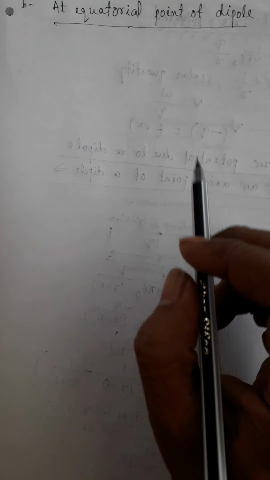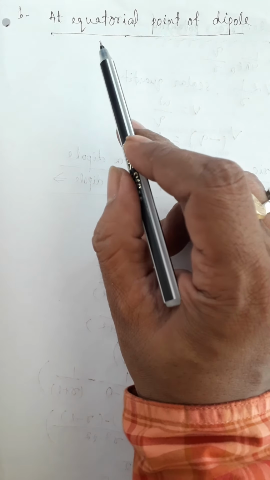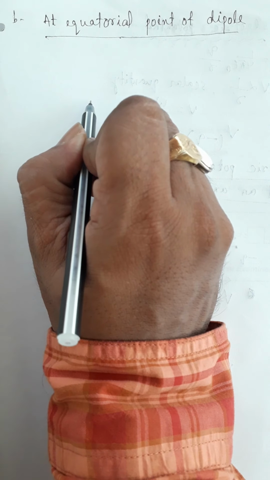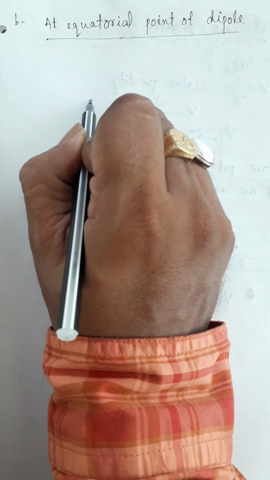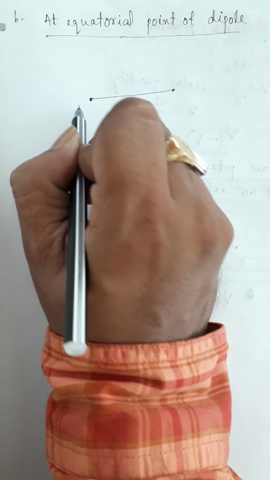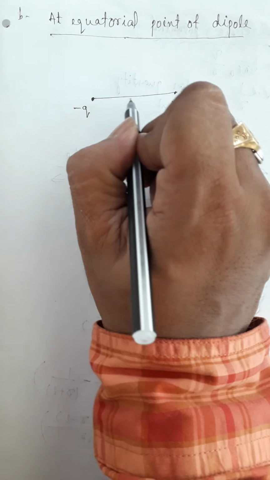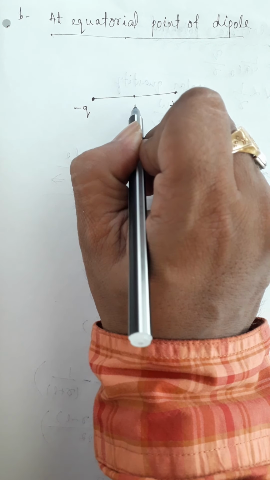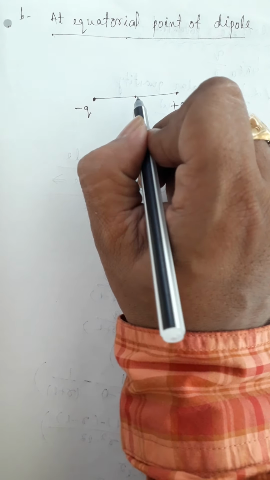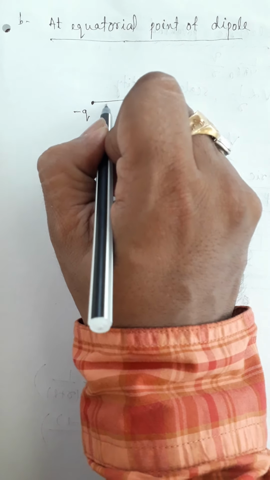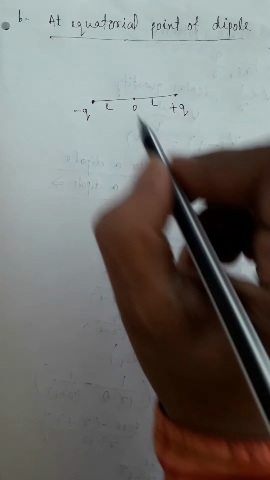Now we have to calculate electric potential at an equatorial point of the dipole. Consider an electric dipole consisting of two charges, minus q and plus q, separated by a distance 2L. If this is the center of the dipole, this distance is L and this distance is L. The total distance is 2L.